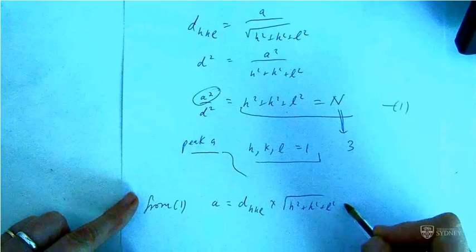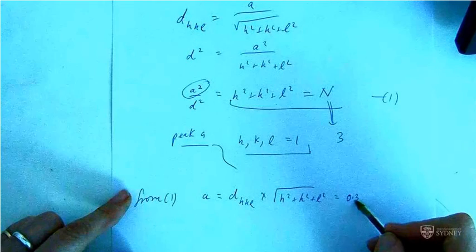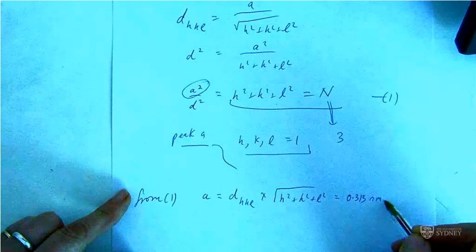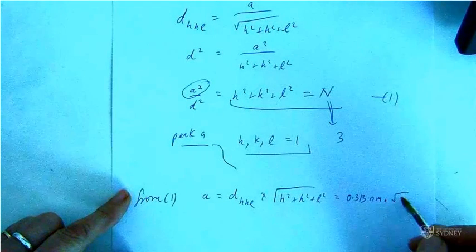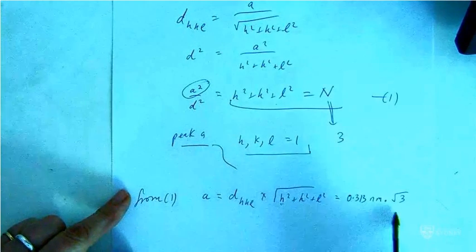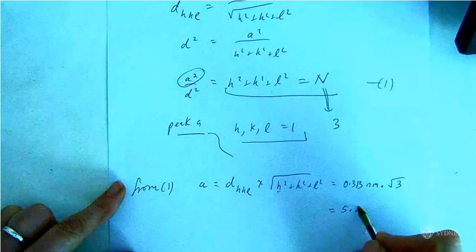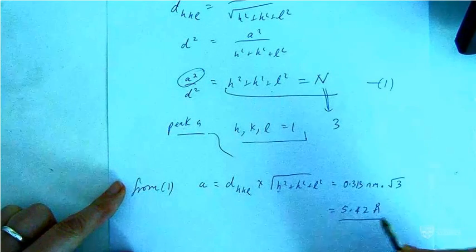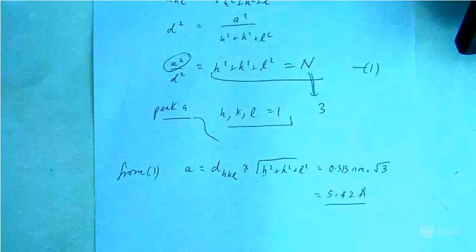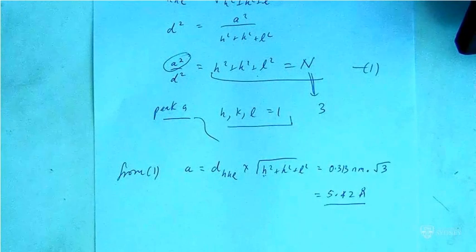And we had that for the first peak A that we are considering, D was 0.313 nanometers, and so that becomes, substituting 1, 1, 1, we get √3. And so that is 5.42 angstroms, using just peak A. Okay? And then what you can do is do exactly the same for the other peaks.